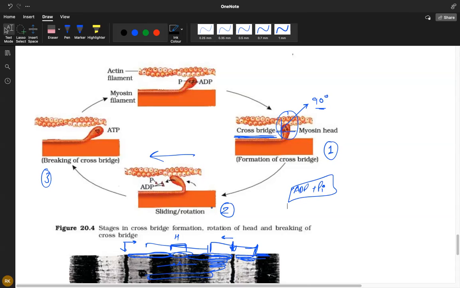Remember, there was only the site for ATP binding. So the moment you break down ATP, it cannot stay bound and it has to go away. When this ADP and P goes away, the cross bridge, upon which the sliding was happening, gets broken, and because the muscle has elastic properties, the myosin head comes back to the original position, how it was in the beginning.